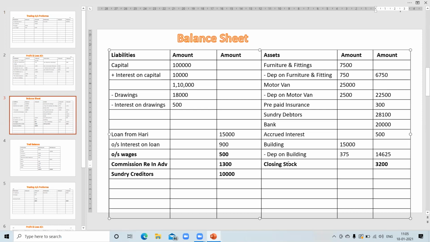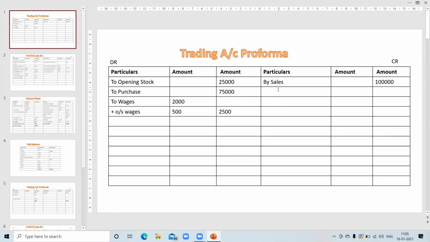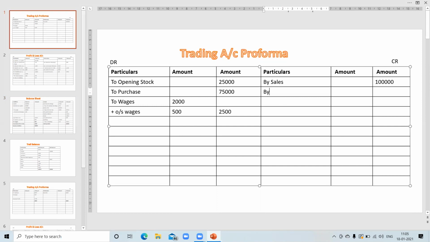Next again trading account, credit side, by closing stock again 32,000. Okay, so complete with all transactions.